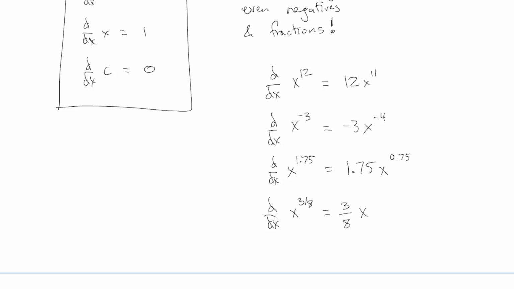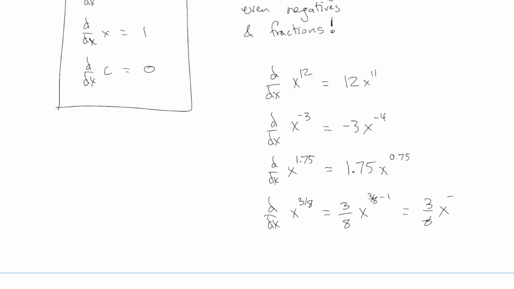Maybe you do have to think a little bit about this. What is 3/8 minus 1? 1 is 8/8. So 3/8 minus 8/8 is negative 5/8.